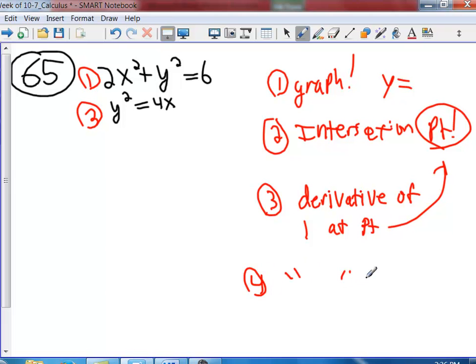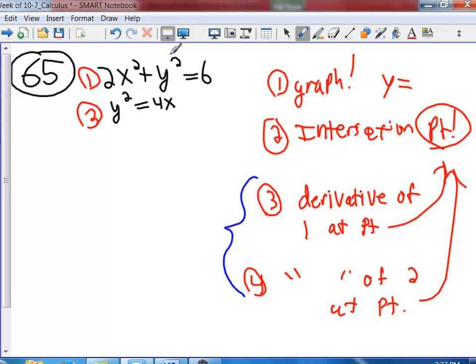You want to do the derivative of 2 at that point. So I'm imagining when you do this part right here, steps 3 and 4, it might be easiest to do that by hand here implicitly, and then plug in that point and see if you have perpendicular graphs.